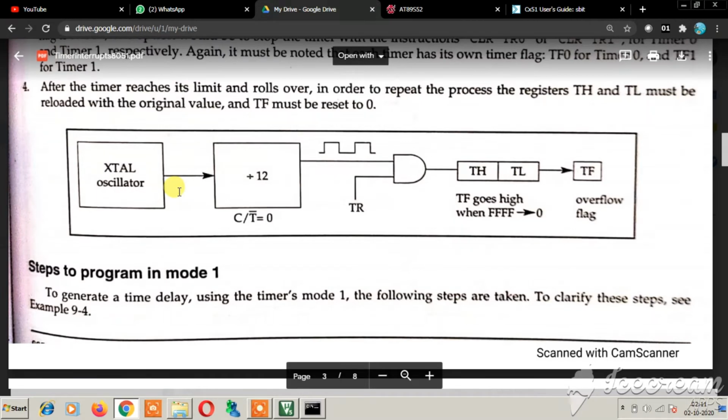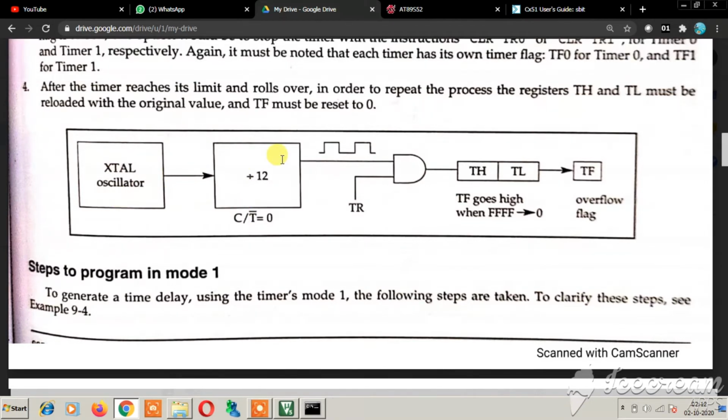Now the main block diagram here is that the crystal oscillator is of value 11.0592 MHz. It is divided by 12. 11.0592 by 12 is approximately 0.92 megahertz, and the time period comes around 1.085 microseconds, the inverse of the frequency.